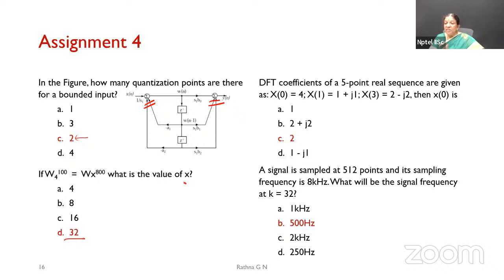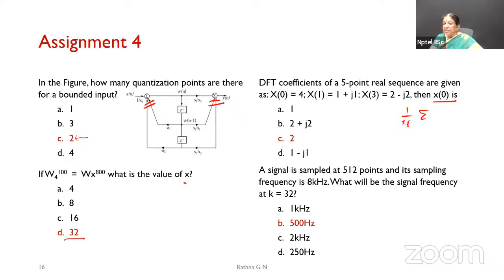And DFT coefficients of a 5-point real sequence are given. So you have been given X of 0, X of 1, X of 3, and now you have to compute your input, that is x of 0. So you will be doing 1 by N sigma actually.